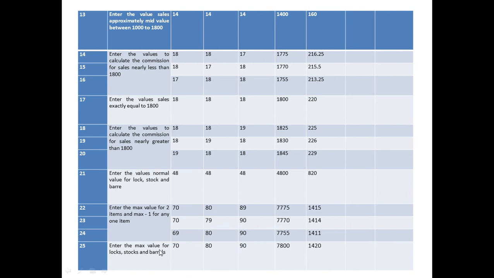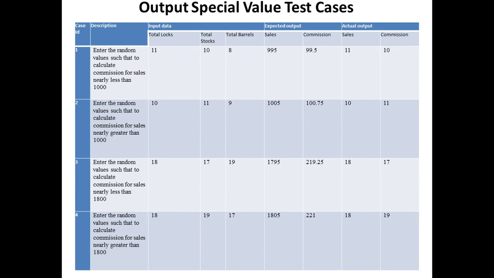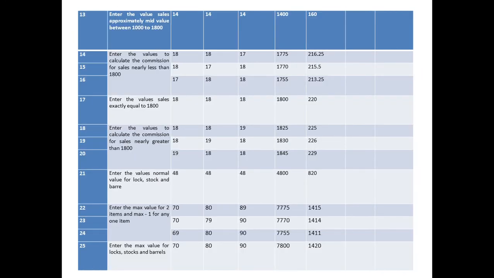Enter the maximum value for logs, stocks and barrels. So the maximum value for logs is 70, stocks is 80, and for barrels it is 90, and what is the expected sales and commission.